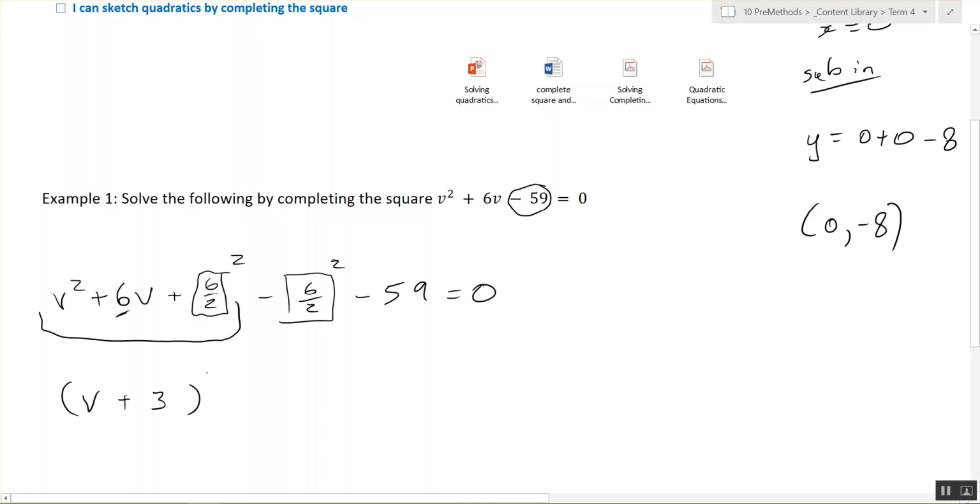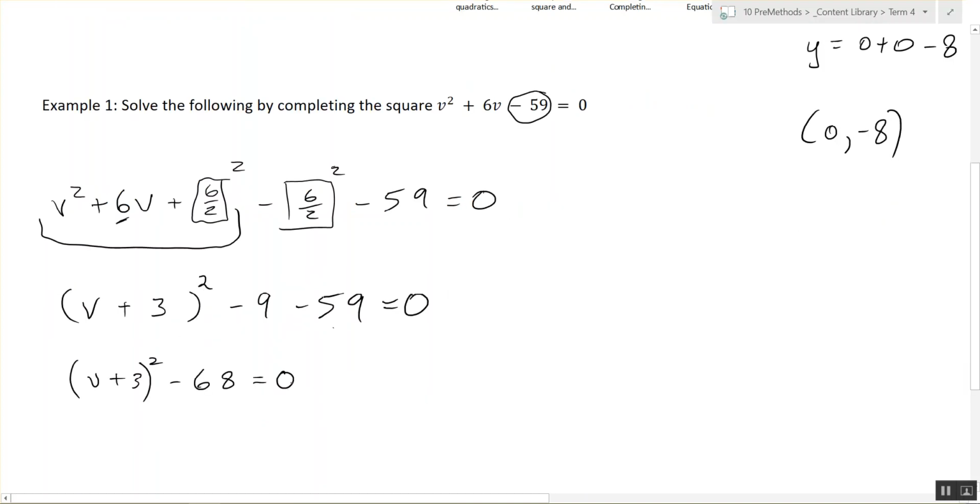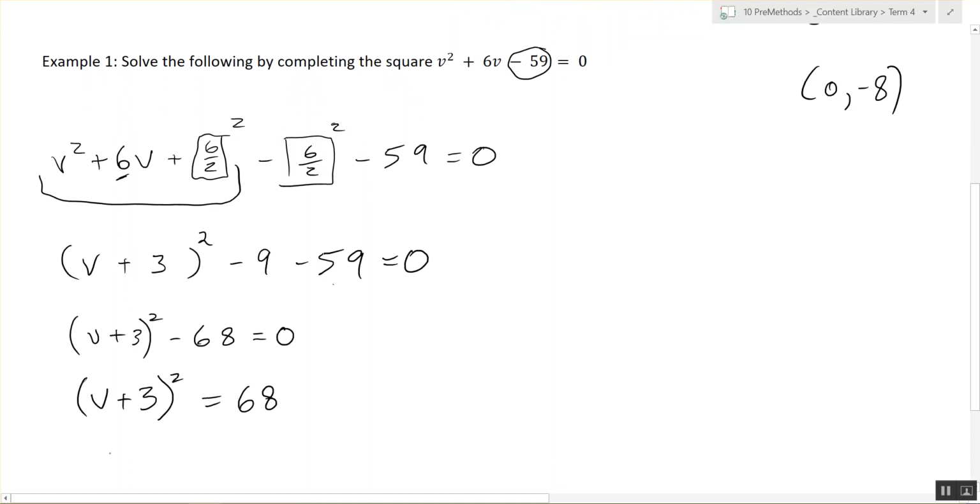So 6 divided by 2, and that's squared. 3 squared. If you want to, you can just skip this and go straight to that. Bring the 68 to the other side because we want to get v by itself. We then do the square root of both sides.